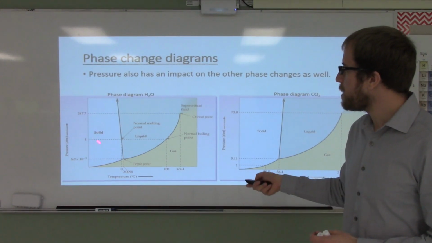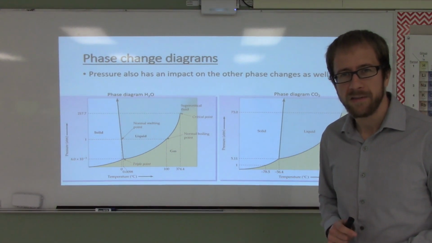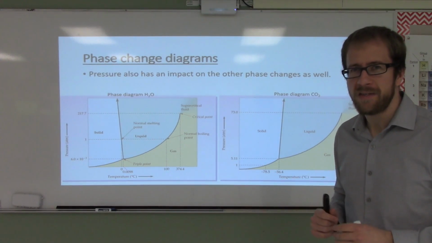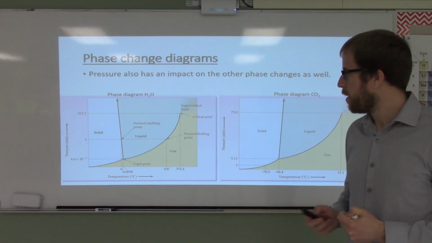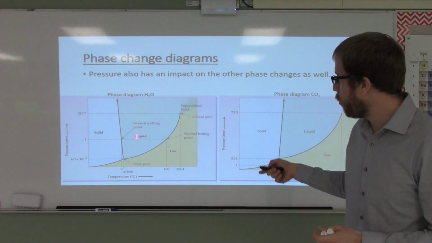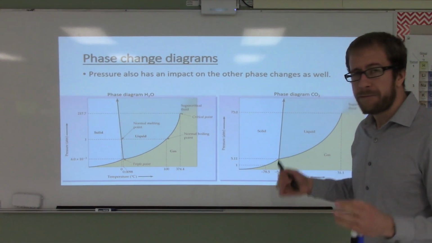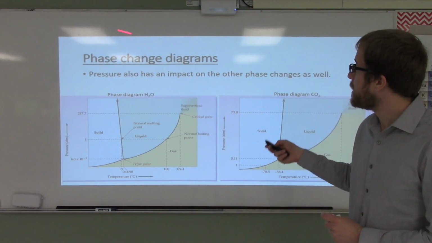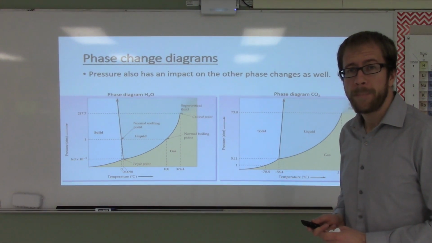What about if it's between a solid and a gas? That's the point at which it sublimates, right? Or that's the point at which it deposits. So the 6 phase changes are represented on this phase change diagram.